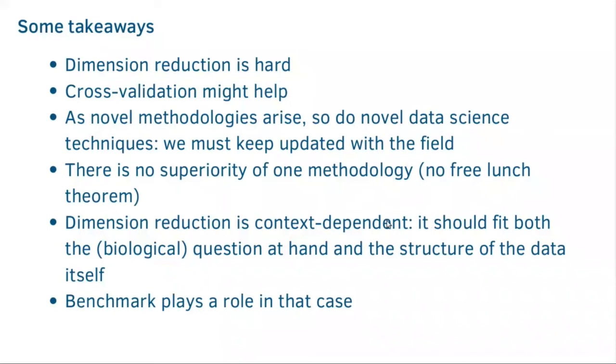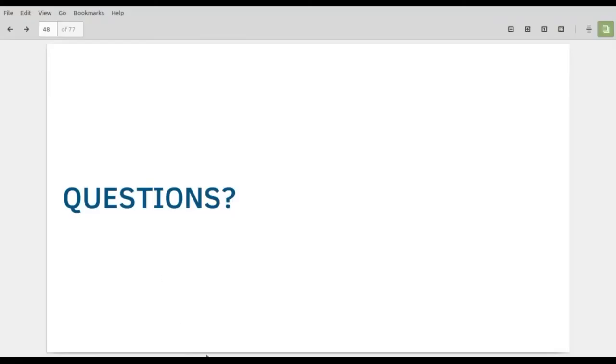There's no method that's superior to all of them. They all have different assumptions, and they all give you a different structure. It's really context dependent on the type of data, the question you have, or maybe the underlying structure of your data. And if you have something that's well established and you're trying to establish something new, then benchmarking plays a big, important role there.